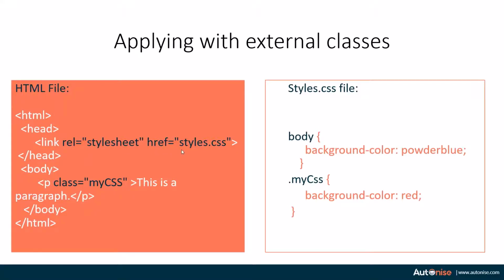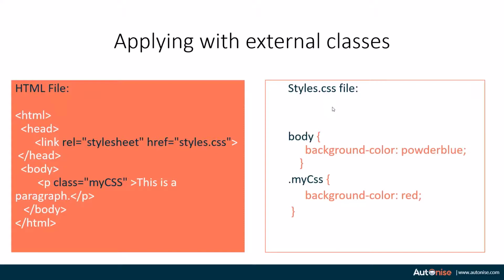In href, you define the link of your CSS file. In this way, you can import any CSS file which is kept outside your HTML file. Once you do that, you can access the classes from the CSS file.